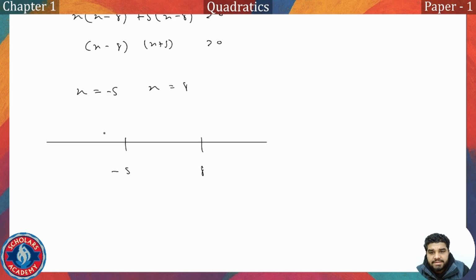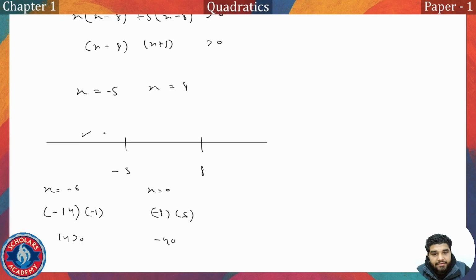If I check these intervals, x = −6: if I substitute it, what I get is −14 times −1, which is 14, greater than 0. Yes, we'll take this interval. If I check x = 0, I take −8 and 5, so it's −40, less than 0.